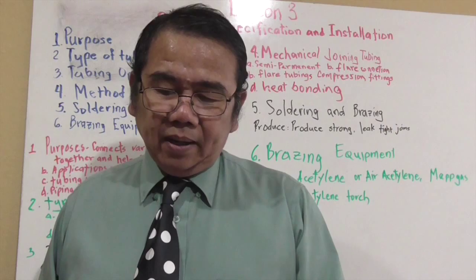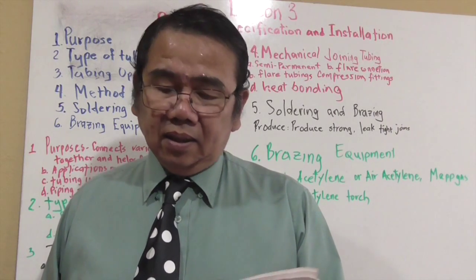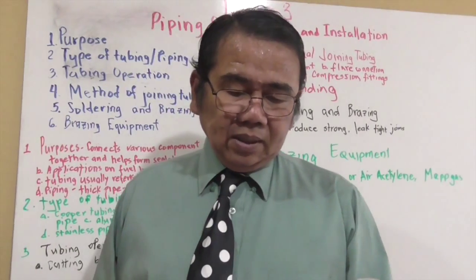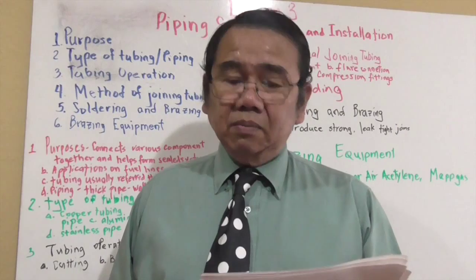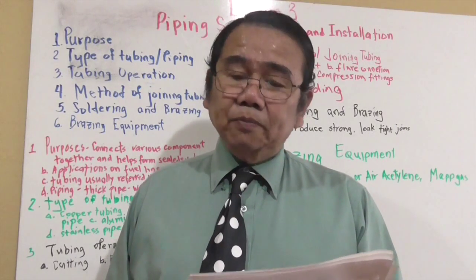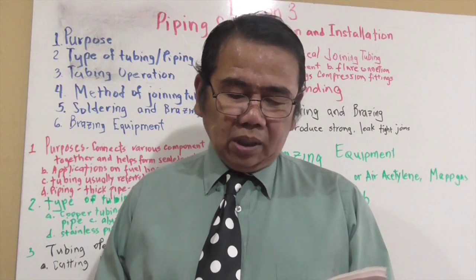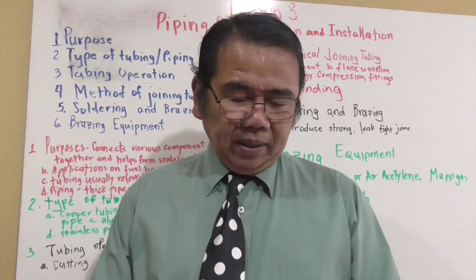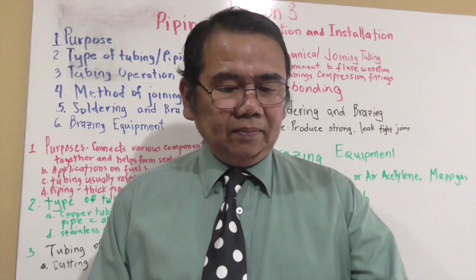Handle with care to prevent excessive contact with skin or inhaling the fumes. Some silver solders contain cadmium in varying degrees. Cadmium fumes are very poisonous. Be sure the work area is well ventilated, and then you use safety glasses.